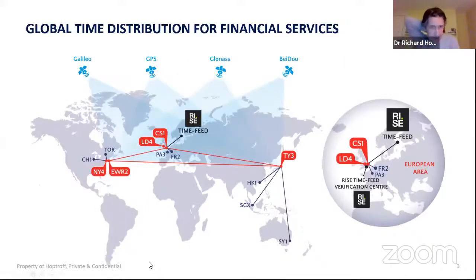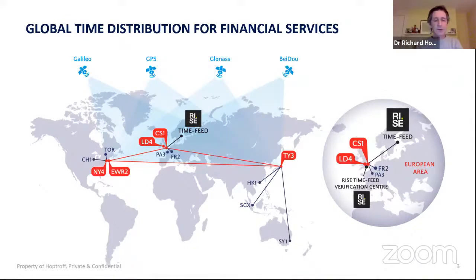So what we did in terms of establishing a time distribution network was to look at time delivery from the core, what we call the stratum 0 sources. In terms of satellite distribution, we lock into the Galileo, GPS, GLONASS, and Beidou satellite systems. We've got 5 timing hubs around the world, 2 in New York, 2 in London, 1 in Tokyo.